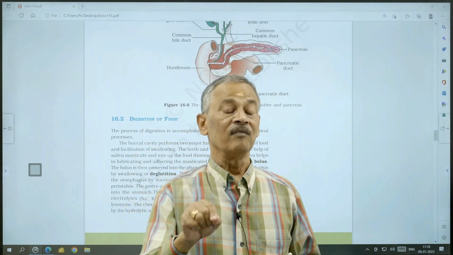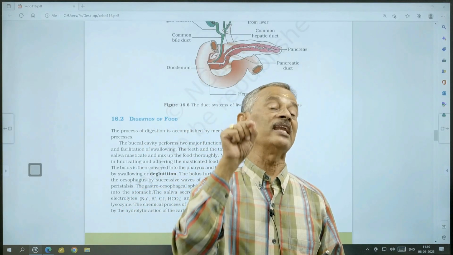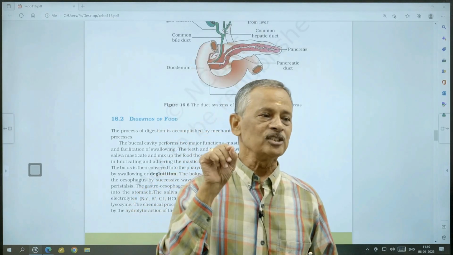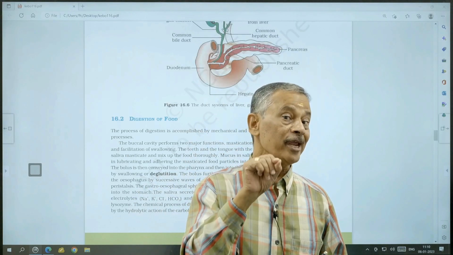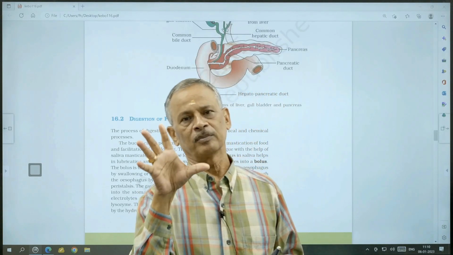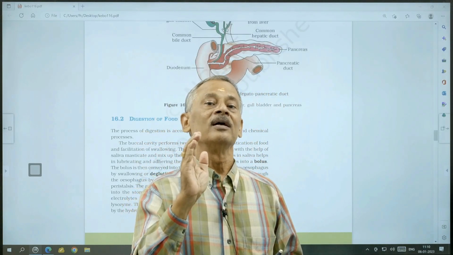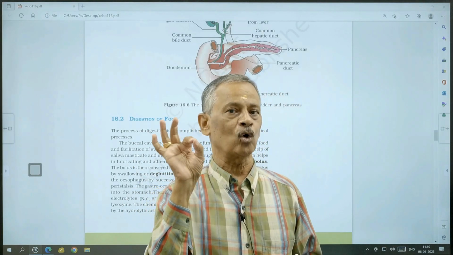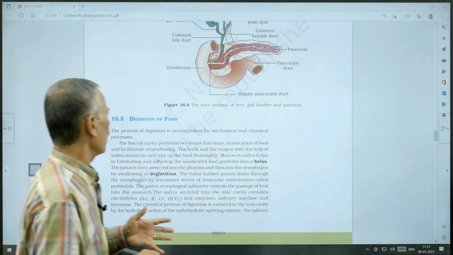For that, we require enzymes. It is an enzymatic chemical process. All digestive enzymes are hydrolases, meaning they break the macromolecules in presence of water.